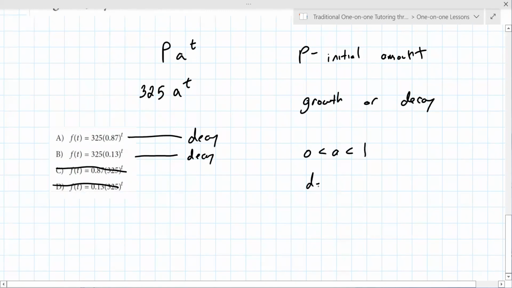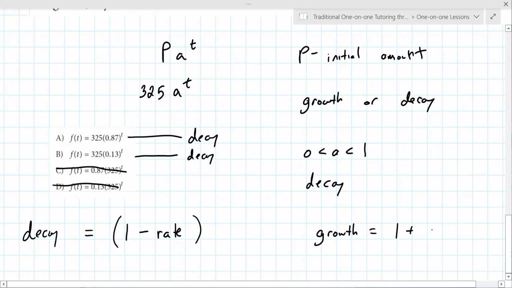That's why it's a decay. Unfortunately, this is like a pure definition. The rate at which it decays is 1 minus the rate that's given. So for a decay model, it looks like this. For a growth model, it is 1 plus the rate.